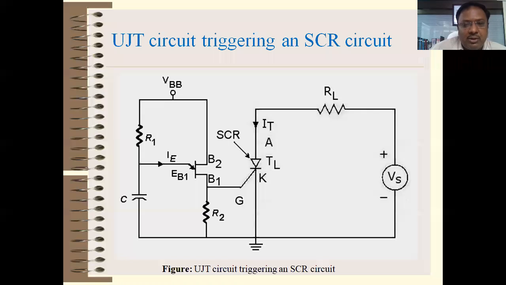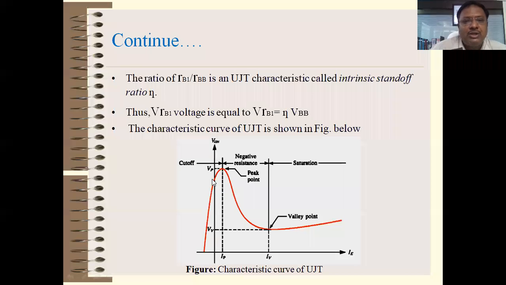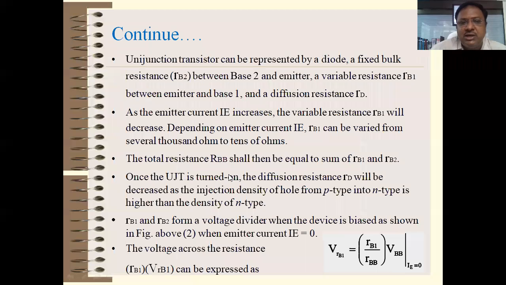Remember this: to turn on your UJT, you should apply an emitter voltage always greater than VRB1 plus VPN. If your emitter voltage is less than VRB1 plus VPN, then your UJT never turns on. That is already shown in this particular graph. In this graph, you can see that the voltage required to turn on this device is equal to VRB1 plus VPN. That much voltage is required to turn on the device.